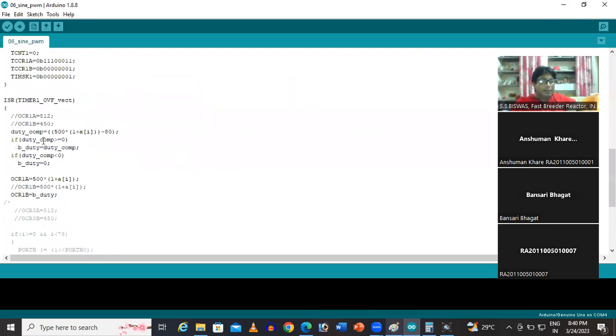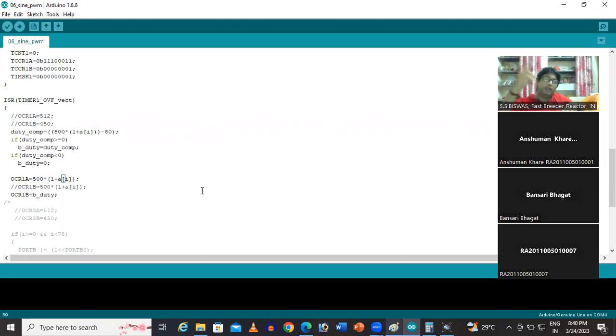And here you see, for the complementary pulse, what I did. For the non-inverting pulse, I have given the exact value. Why are these things done? 500 into (1 plus AI), because sine theta will be negative. But your value of the output compare register cannot become negative.